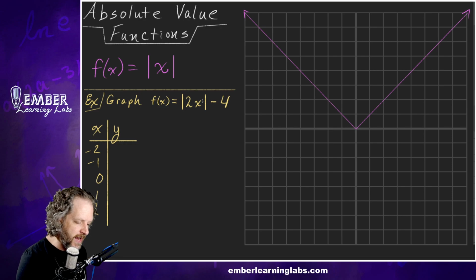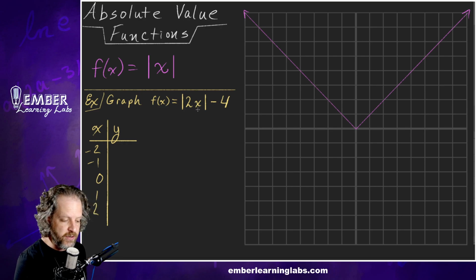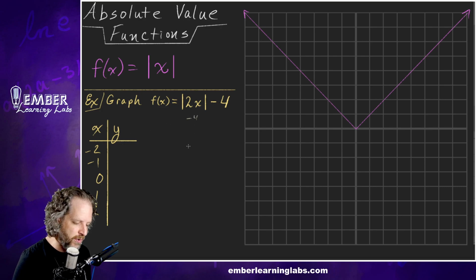So if we plug -2 in here, -2 times 2 is -4. I should use scratch paper on this because I'm going to lose the thread and write something wrong. The absolute value of -4 is +4. 4 minus 4 is 0. So this gives us a 0.